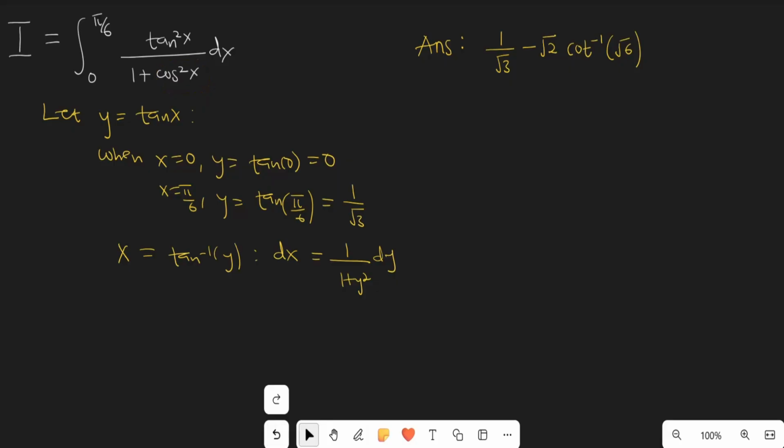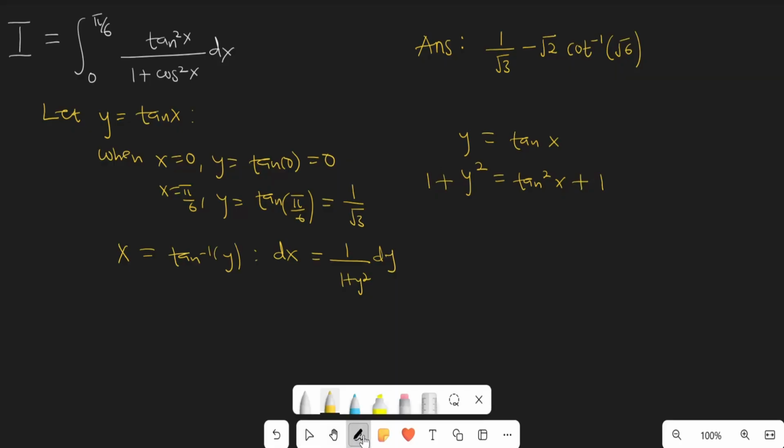So from here we know that y is equal to the tangent of x, right? So when we square both sides of this equation, we have y squared equal to the tangent squared of x. And now after doing this, what I can do is add 1 to both sides. When I add 1 to the right hand side, I have to nullify the effect by adding 1 to the left hand side.